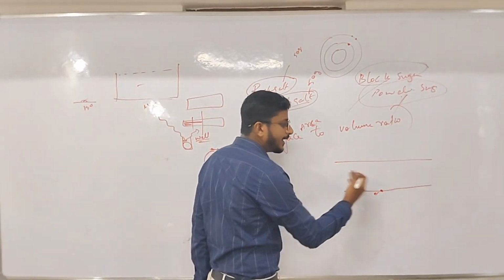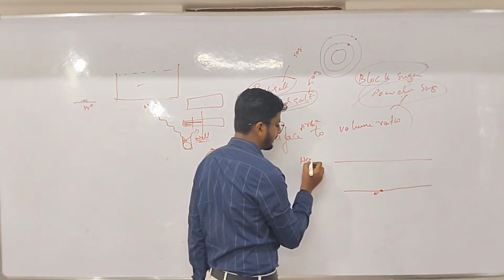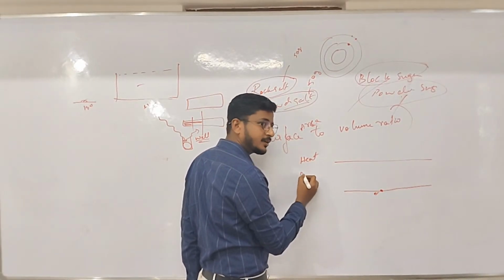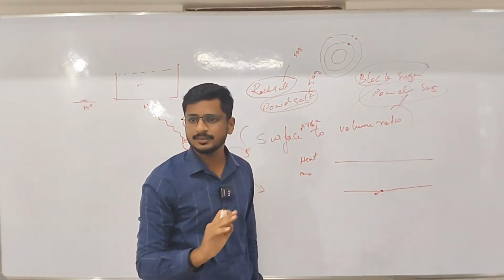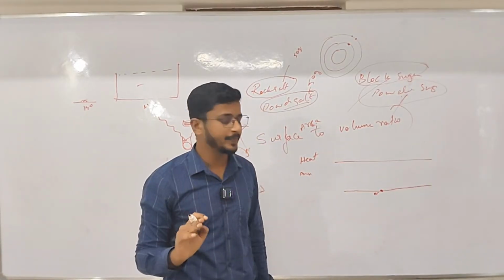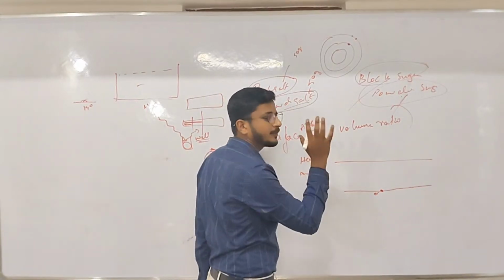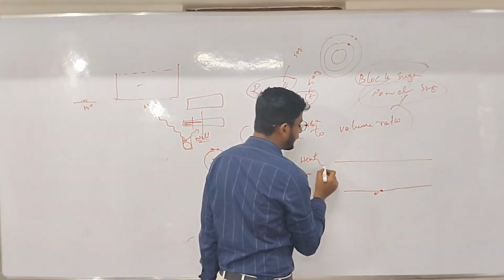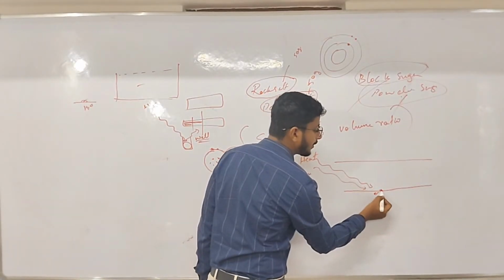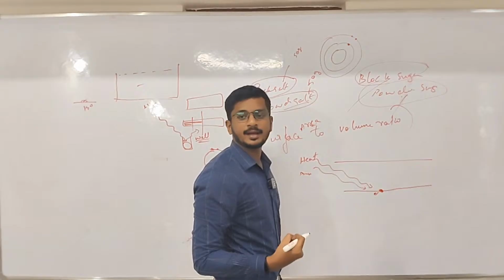I can give the energy in the form of heat, pressure, or any form of energy. I will take the form of heat. If it is given in the form of heat, this electron absorbs that energy.